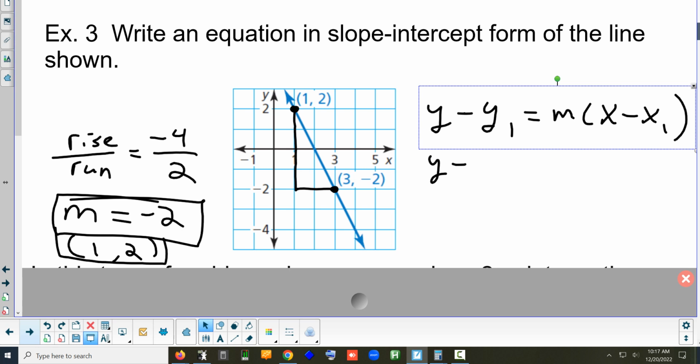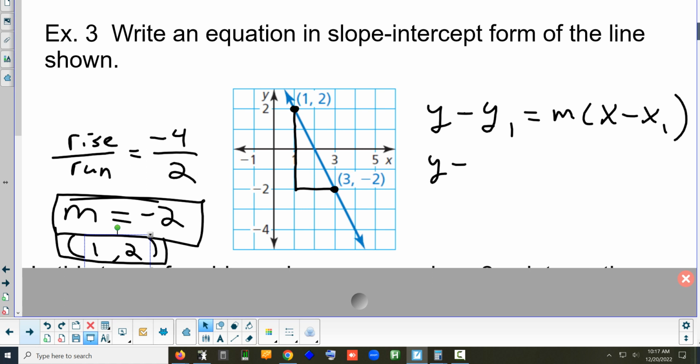What's the negative 2 equal to? So what does it say up there? It says the negative 2 equals m. So negative 2 is going to be the m. Anyone else think they know which one the y1 is? Yep. It's the 2. It's the number that comes after the comma in the coordinate.